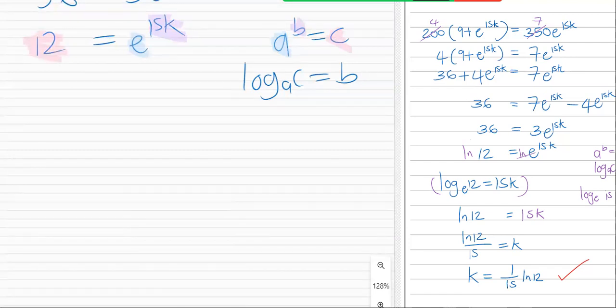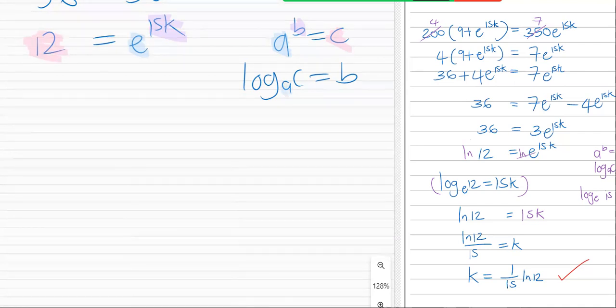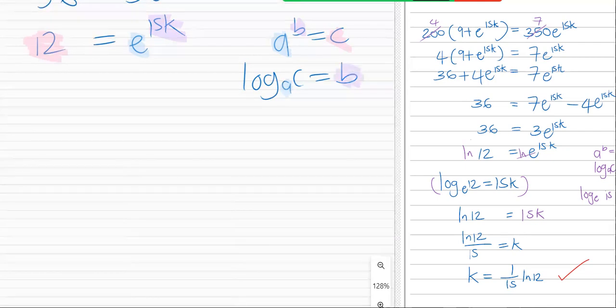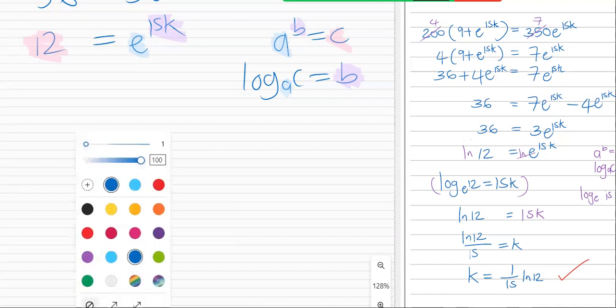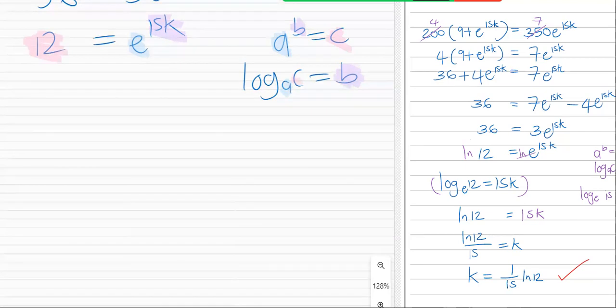And then if I were to color code the answer, if that's A, then this must be A. And we want B, the B becomes the subject. The whole goal is to make the exponent the subject. And finally, we have C over here.